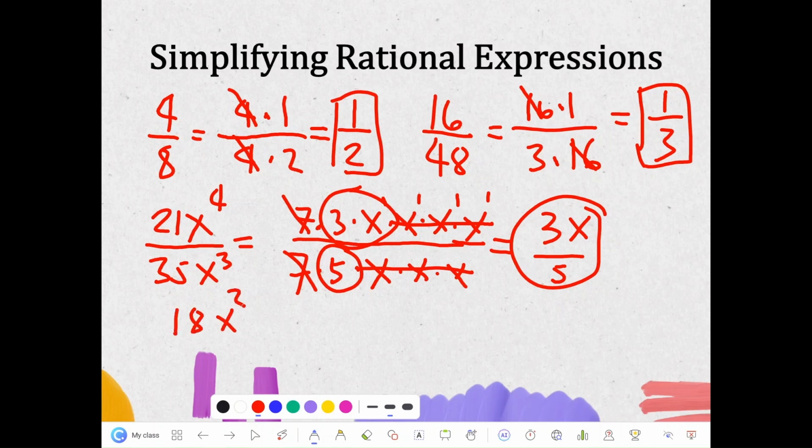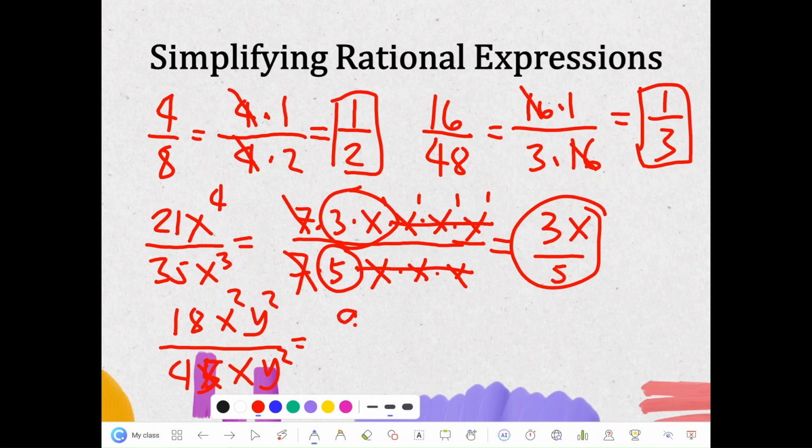Another example, binigyan ka rito ng 18 x squared y squared. Tapos binigyan ka ng 45 x y squared. So you expand. Alam mo, ang greatest common factor ng 18 tsaka 45 is 9.